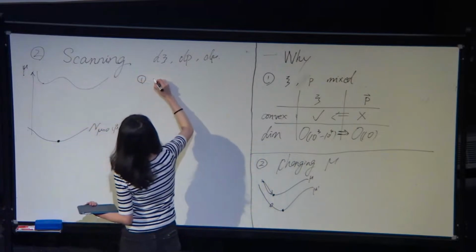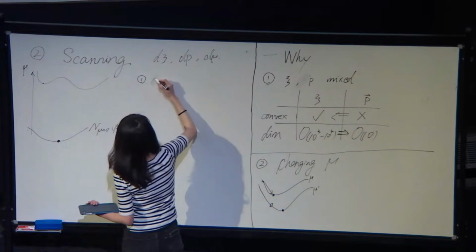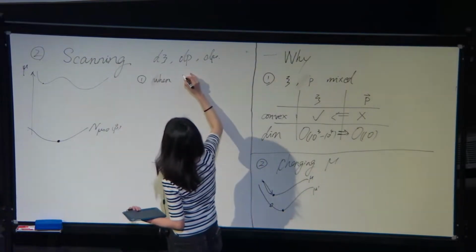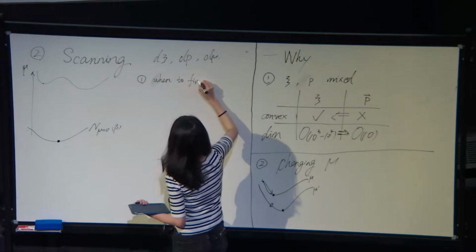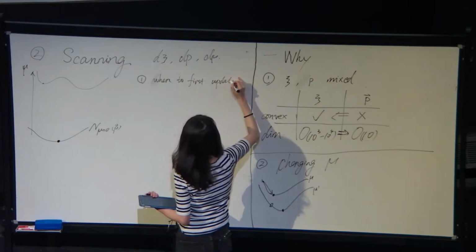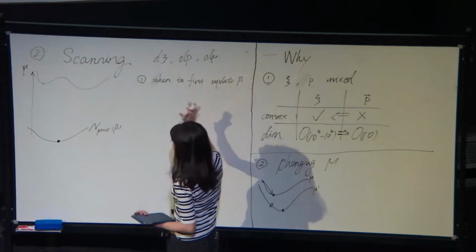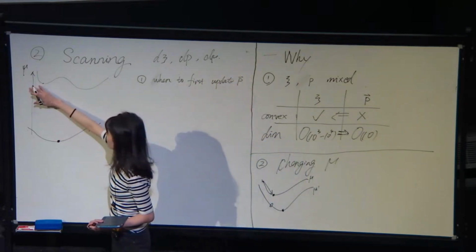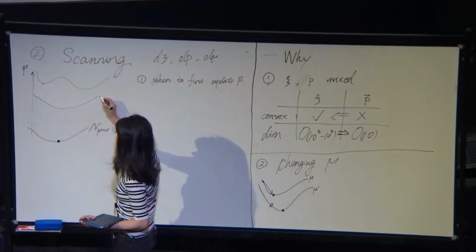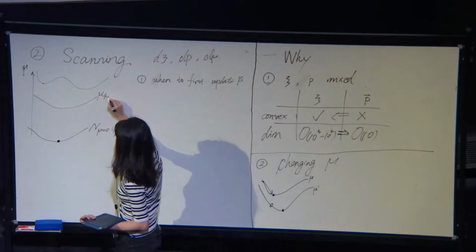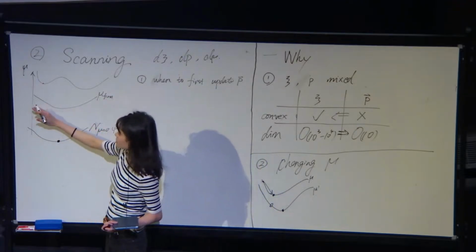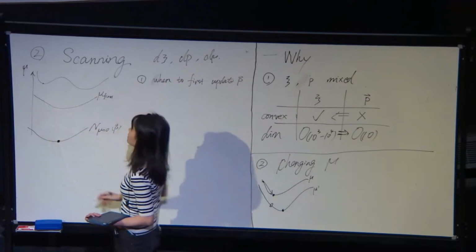So then the first step is that we need a decision when to first start updating P. So this will be the first surface that we reach, see here. The first mu surface that we feel comfortable enough taking P steps on.